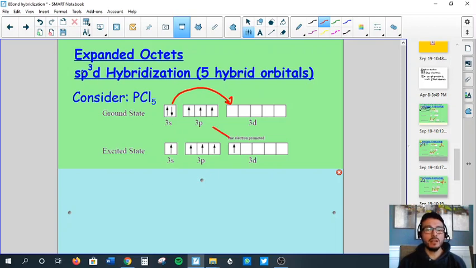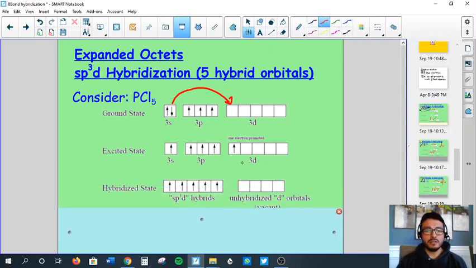That's going to give us an sp3d hybridized state. So it looks like this. They combine and we have 1, 2, 3, 4, 5 electrons. One from here, these 3 are all here, and that 1d right over there. That's now sp3d.